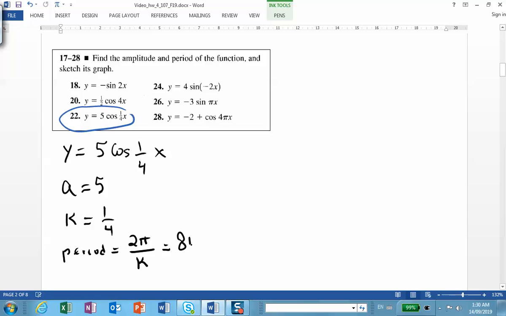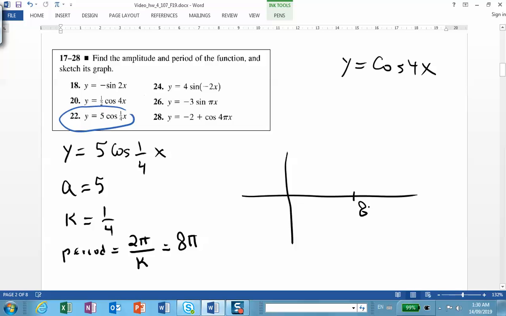Okay, so let me go ahead and first draw y equal to cosine of 4x, and then once I get that, then I stretch everything in the vertical direction by a factor of 5. Okay, so what does that mean? The period is 8 pi, so there is 8 pi.